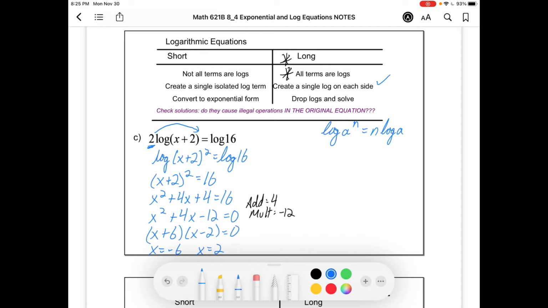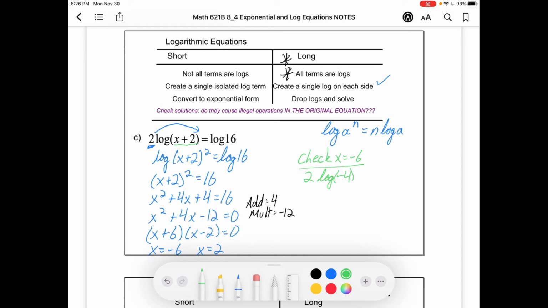We still have to check. So let's check x equals negative 6. That would give us, from the original form, 2 log of negative 6 plus 2. Oh my gosh. We know that's no good. You can't have the log of negative 4.